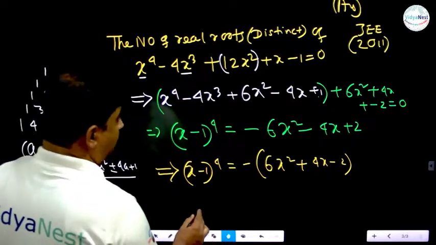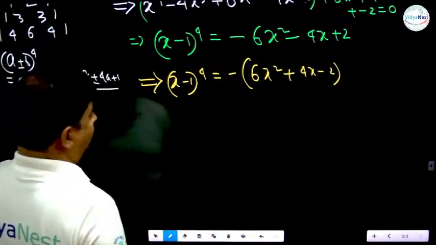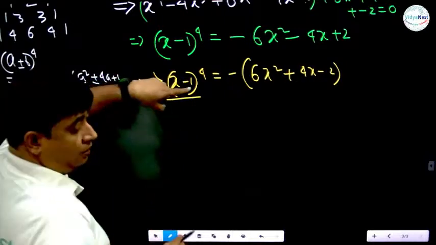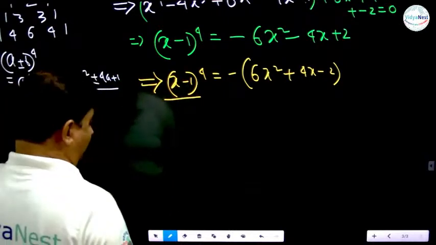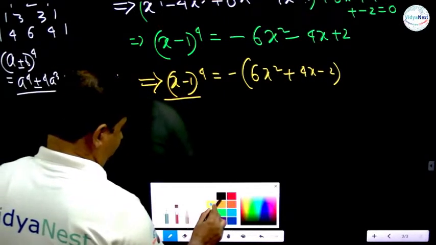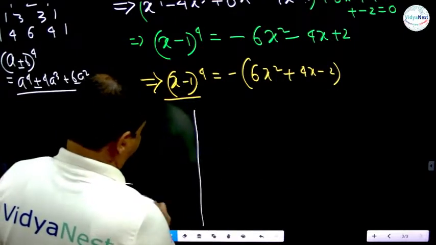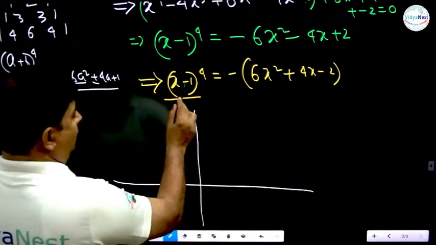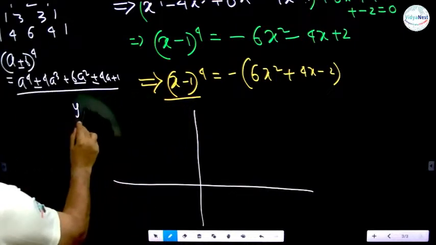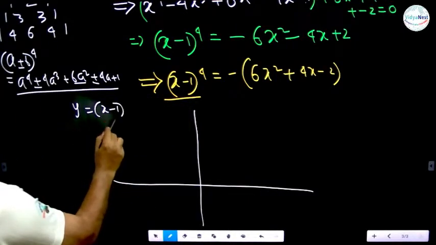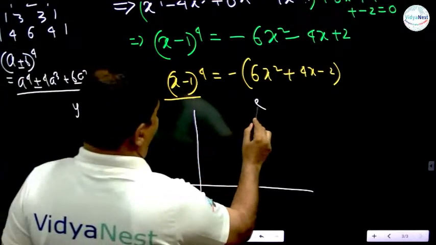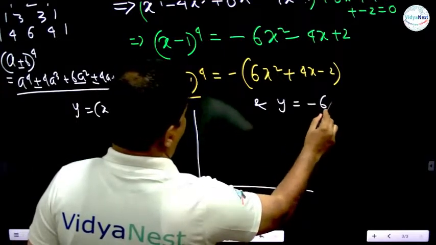See how to plot it on a graph. First of all, I will try to draw (x minus 1) whole to the power 4 roughly. If I split this into two graphs, this and this.